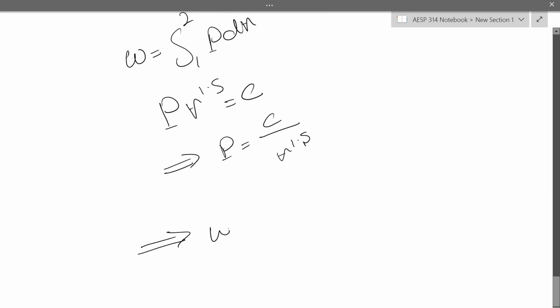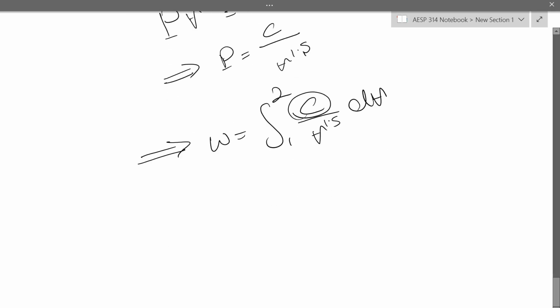Your W is going to be equal to the integral from 1 to 2 of C divided by V to the power 1.5 dV. C is a constant, it will come out of the integral. And this part was the hard part of this problem, actually.